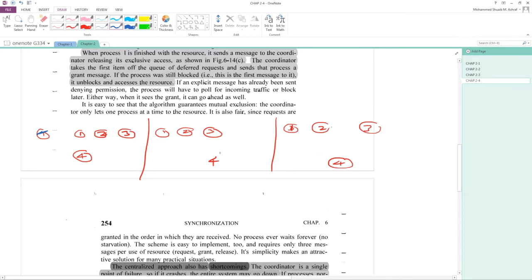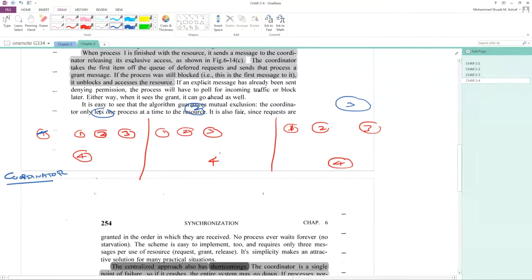Now this is diagram number 1, diagram number 2, diagram number 3. In the exam, you have to draw three diagrams for three marks. Okay. Now process 1, process 2, process 3, process 4. Out of four processes, you have to select one process as a coordinator. Coordinator.